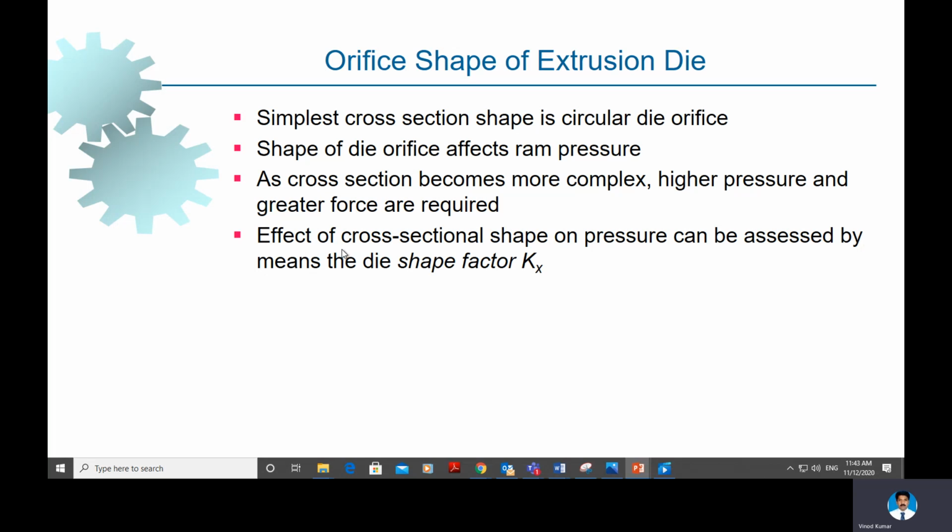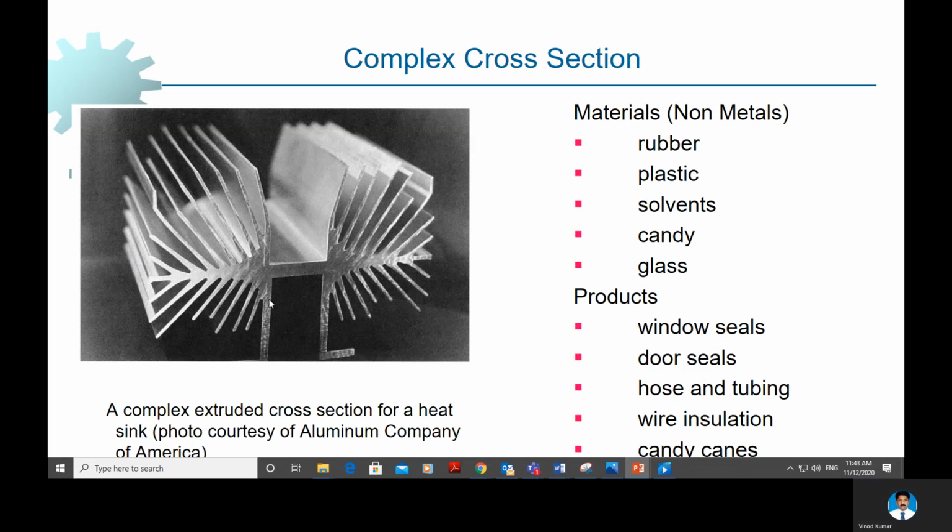So the effect of cross-sectional shape can be assessed by a factor, named as shape factor, represented by Kx. You can see here a complicated heat exchanger fin, heat sink is shown here. So the shape factor needs to be accounted for in such shapes, to be included in the equation for calculating the real force or pressure required for extrusion process.